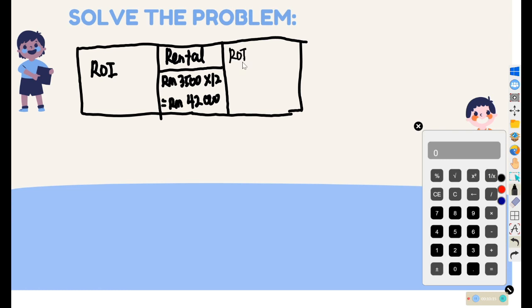ROI is equal to 42,000, which is the total rental for a year, divided by 600,000, the initial investment where he bought the double-story shop lot. So you will get 7%. So this one is Mr. Ramasamy.